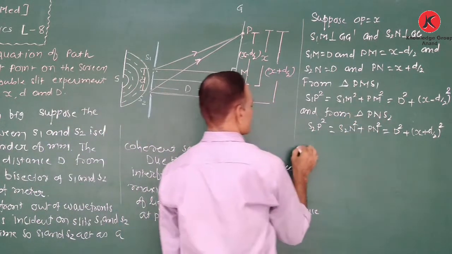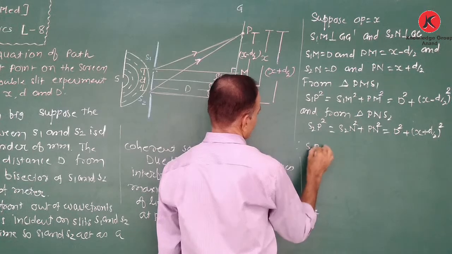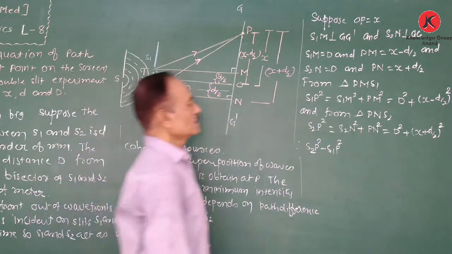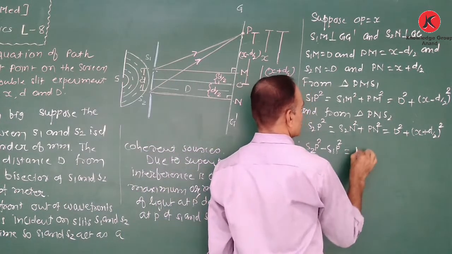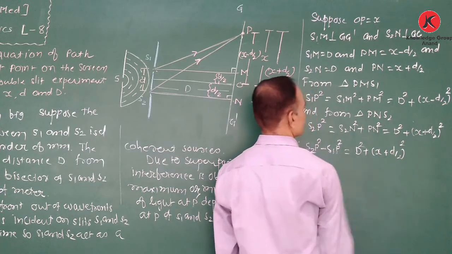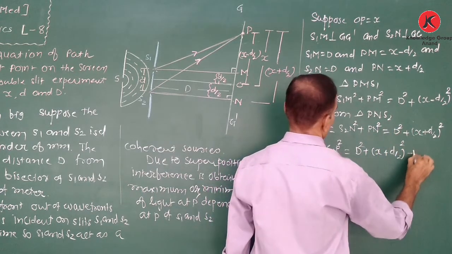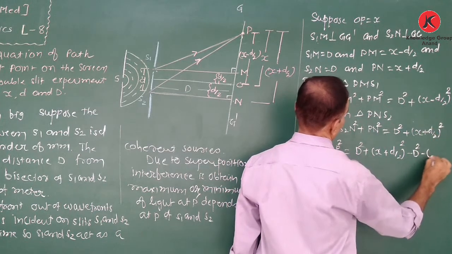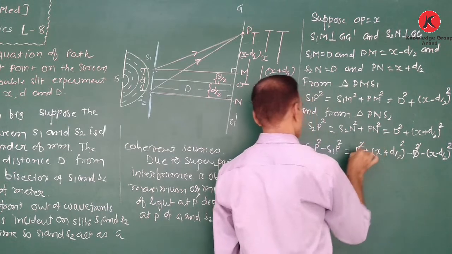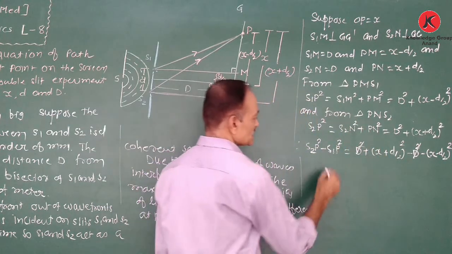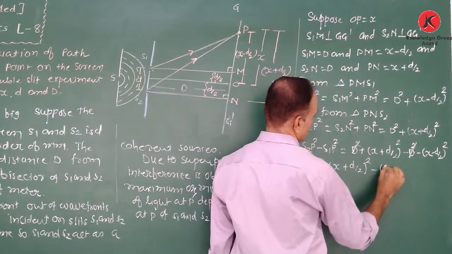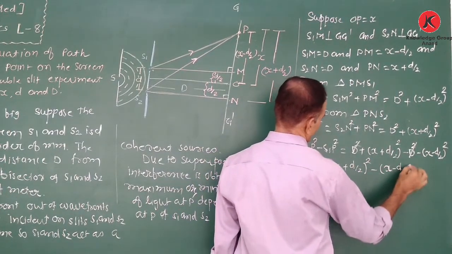Now we take the difference of these, therefore S2P square minus S1P square is D square plus X plus D by 2 whole square minus D square minus X minus D by 2 whole square. The D square cancels. Thus we obtain X plus D by 2 whole square minus X minus D by 2 whole square.